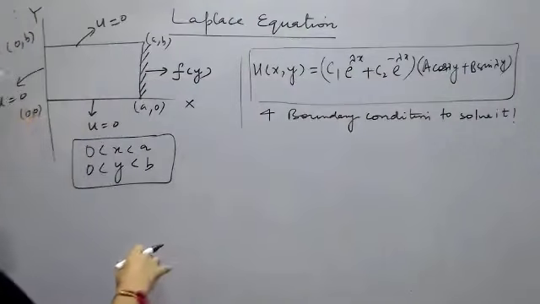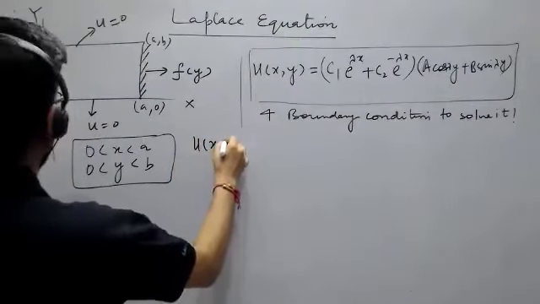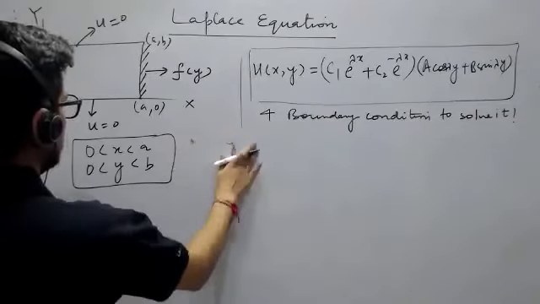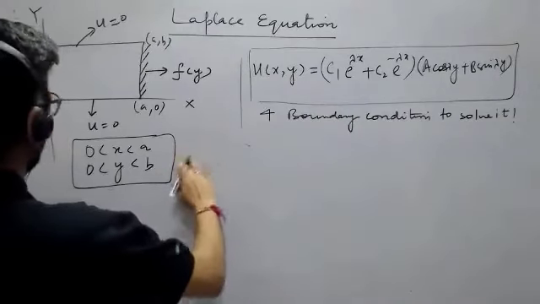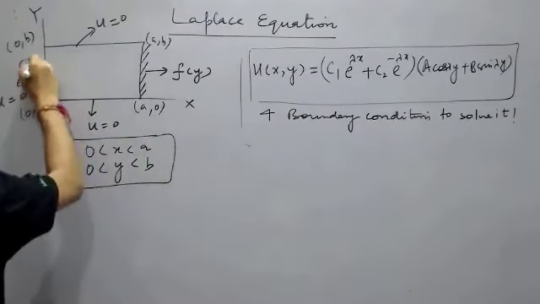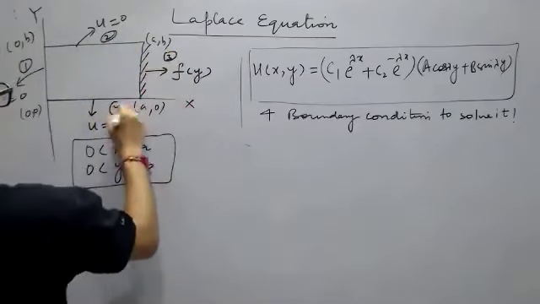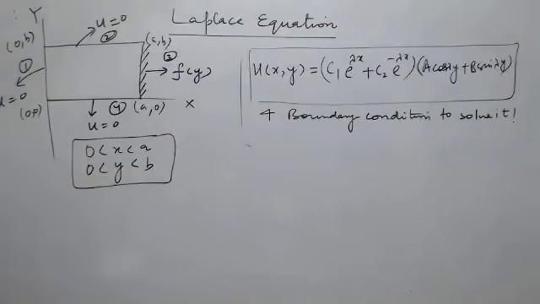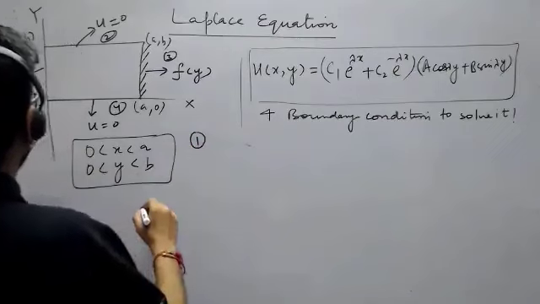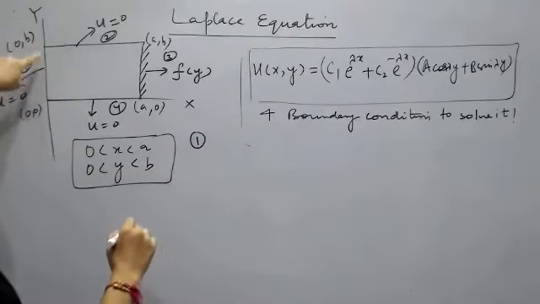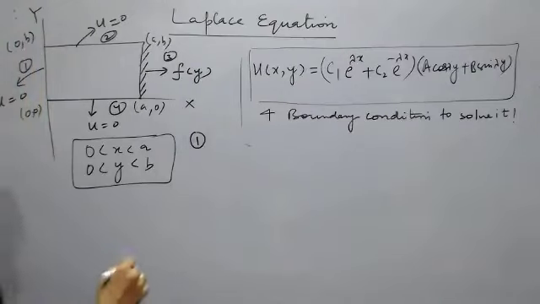So now what we have to do is apply these boundary conditions. First of all I will apply here. So u(x,y) is equal to, so what is this representing? Let me name it. This is first, this is second, this is third, and this is fourth region in which we will apply the boundary condition. First of all I am taking care of one. This whole plate, the potential is 0.